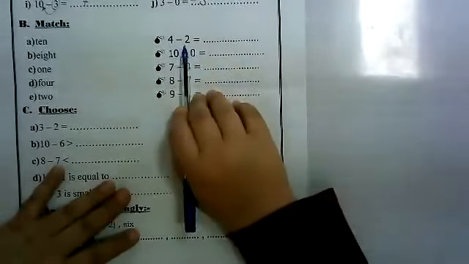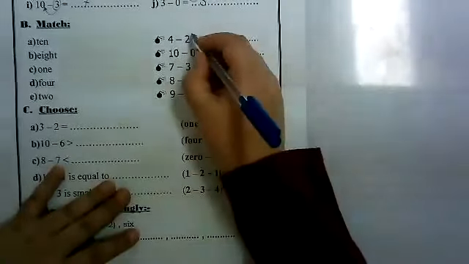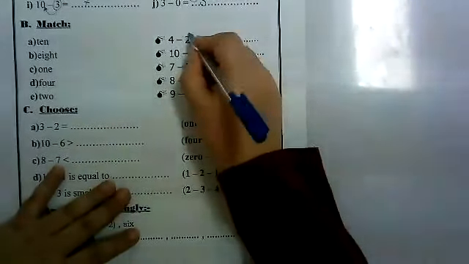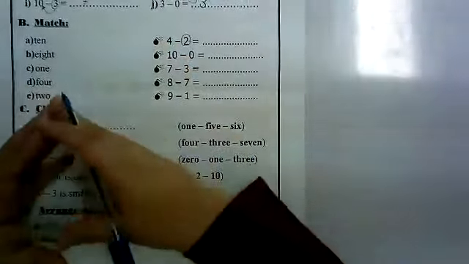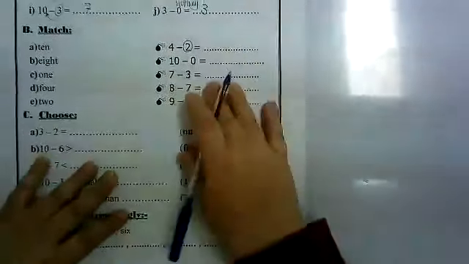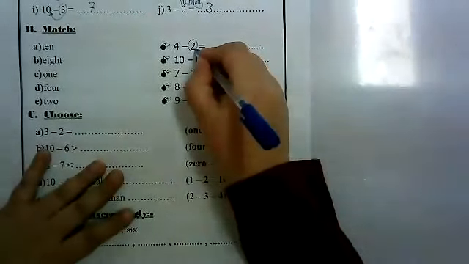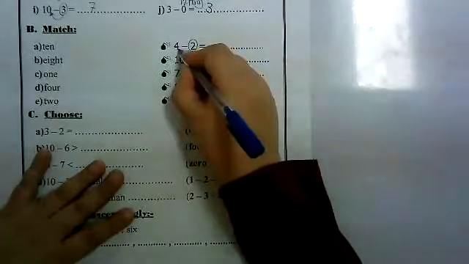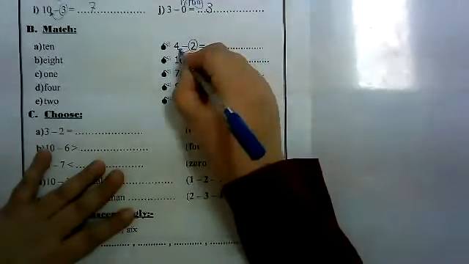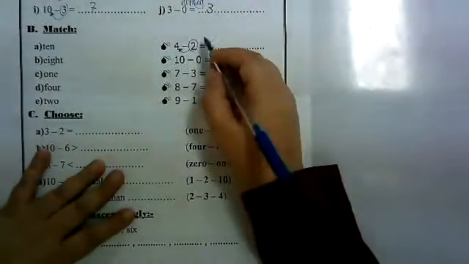First, we start with 4 minus 2. In subtraction, the money is getting smaller and smaller, less and less. So we start counting after the smaller number. We walk along this road until we reach the bigger number.